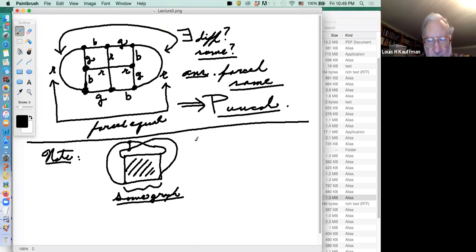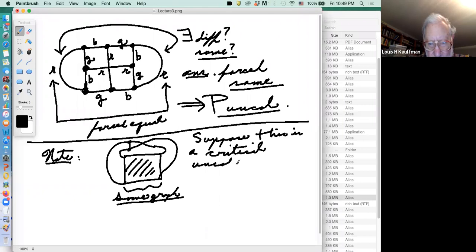And suppose that this is a critical uncolorable, by which I mean any smaller one is colorable, right?